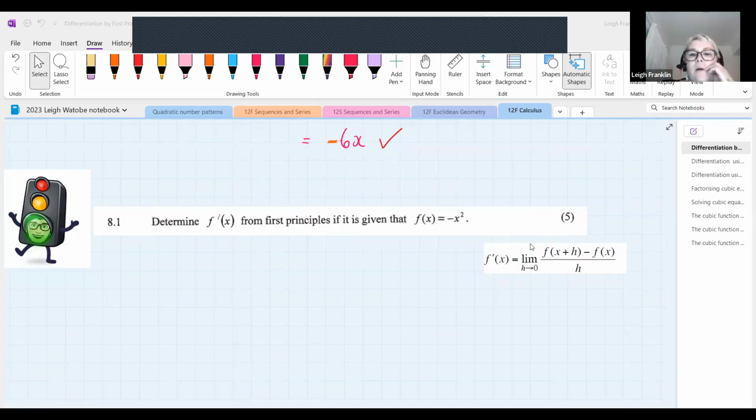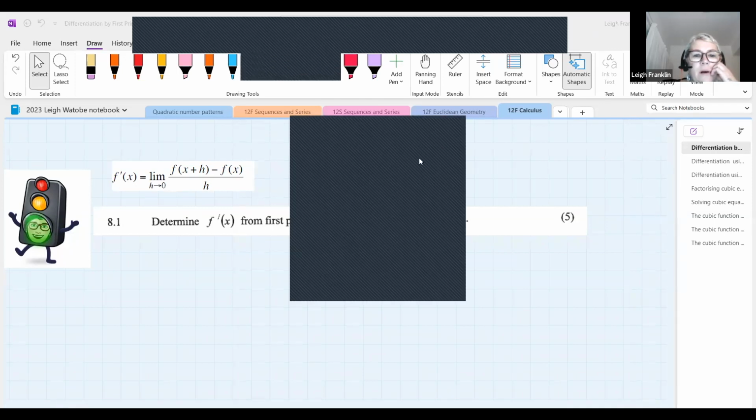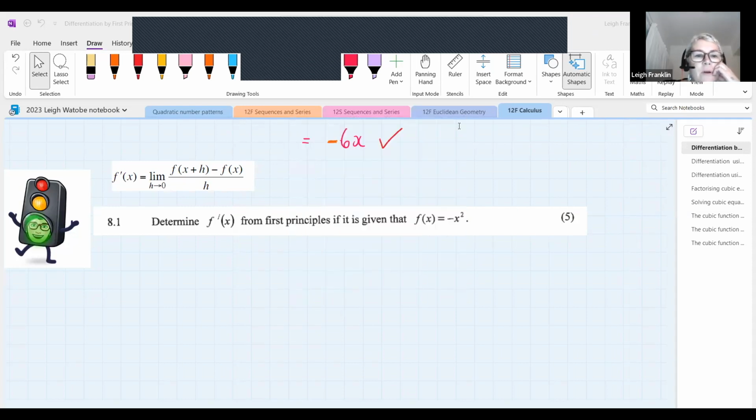It disappeared. I'm not sure what's going on, but that is so weird. Can you see it? Guys, take a screenshot real quick. I can't see the box. Can you just move the question down? No, that is so weird. We can see the box, but now they know that f of x equals minus x to the power 2.